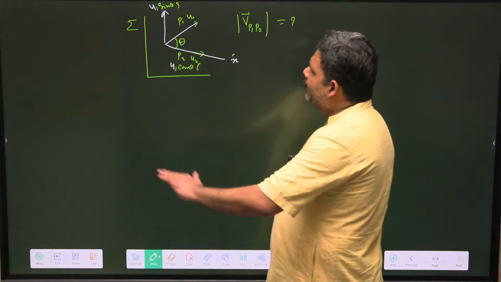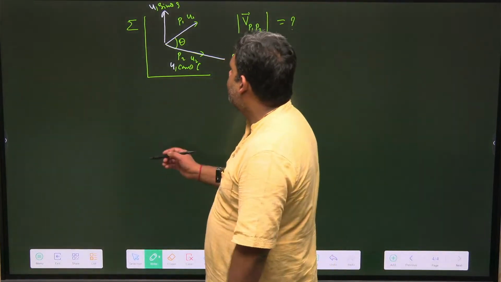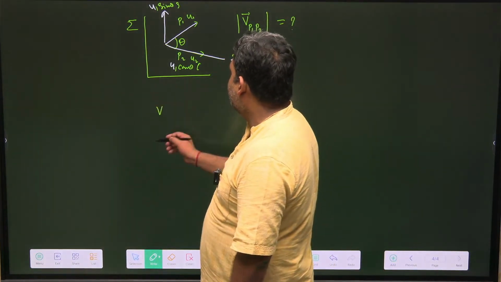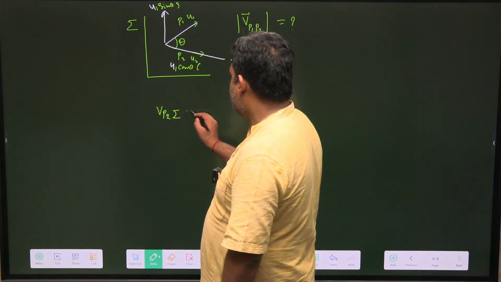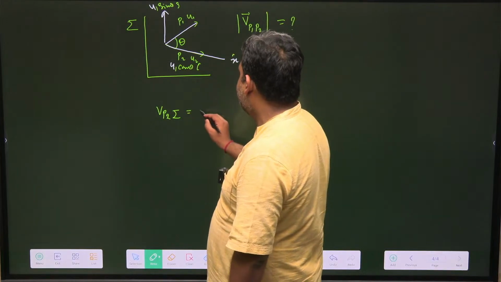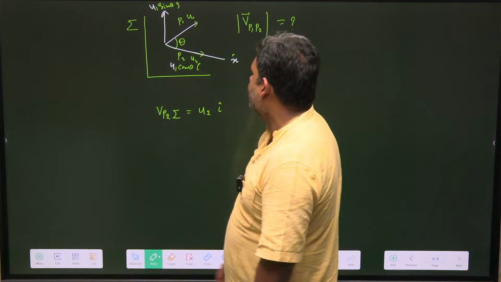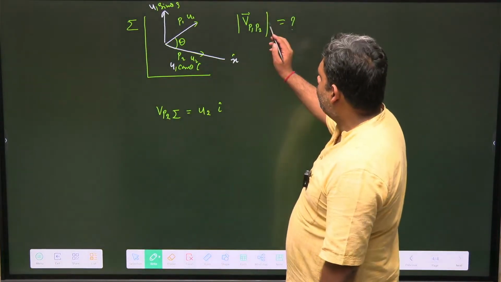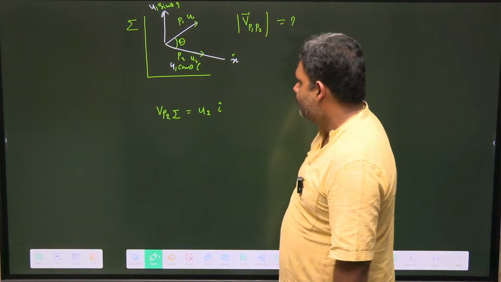Now we can easily solve this problem in a very nice way. We have the velocity of P2 with respect to sigma, which we will say is U2 in the i cap direction. I deliberately put it in the i cap direction because we have to calculate the velocity of P2 with respect to P1.